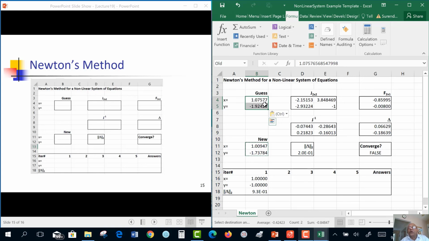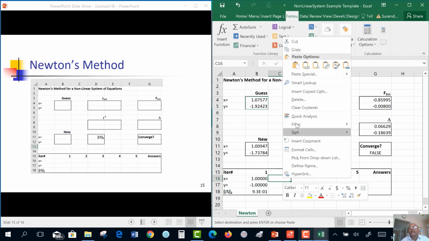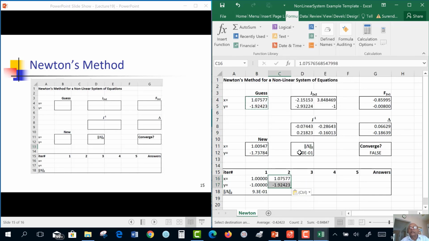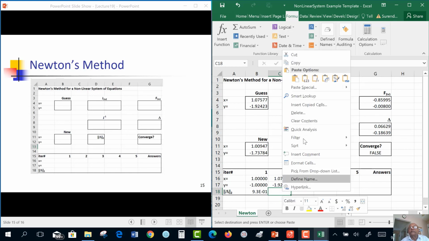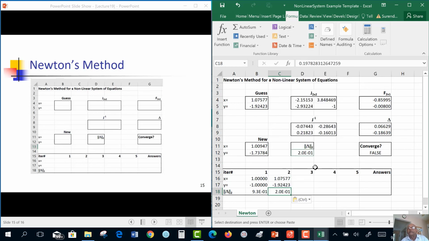So with these new values, we go through Jacobi matrix calculation, function matrix calculation, inverse, delta, and we get our next guess. So what we are going to do is we are going to take this value, copy, paste it here, and we got this delta with that initial guess, right?